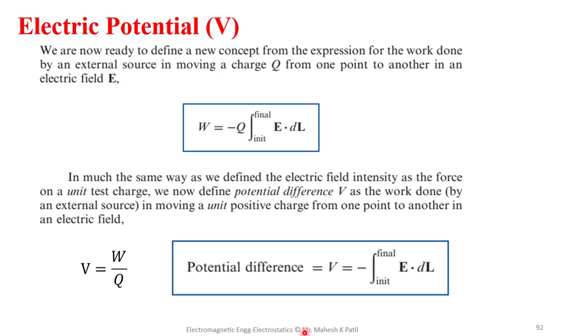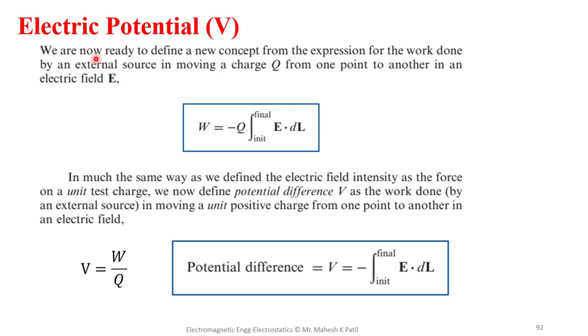Now we will see one next important point, that is electric potential. Just now we have seen the equation for the work done in moving a point charge from initial point to final point.